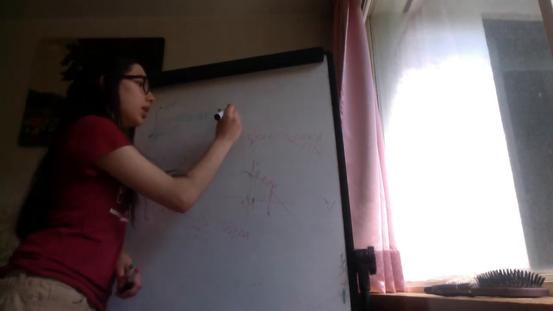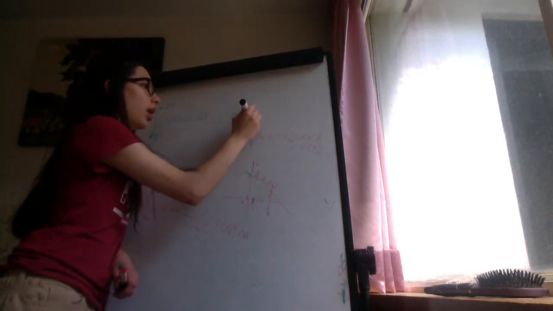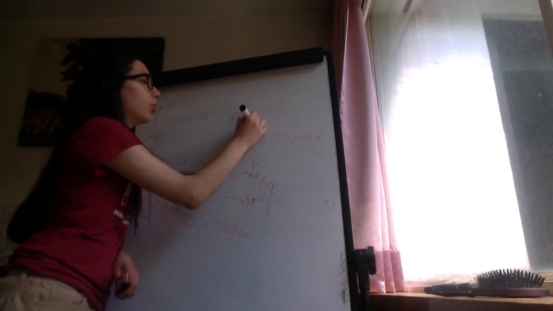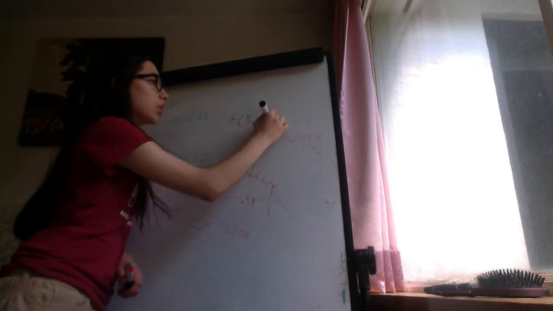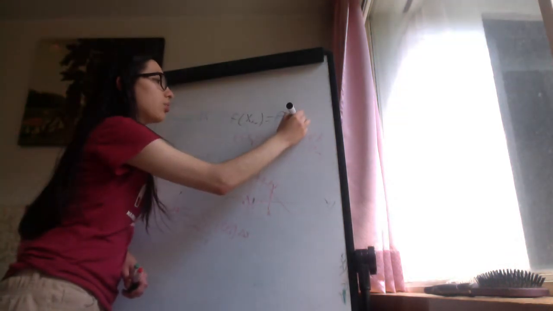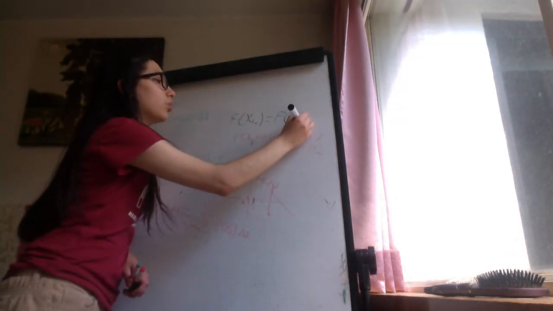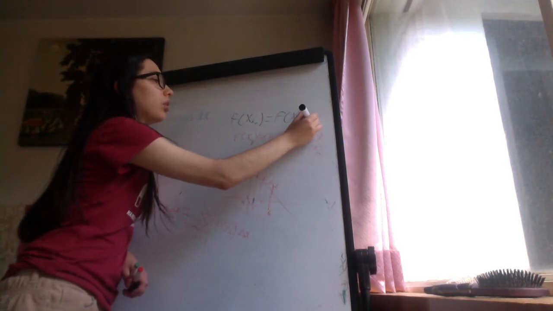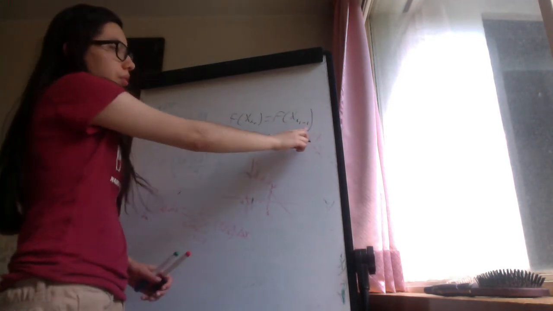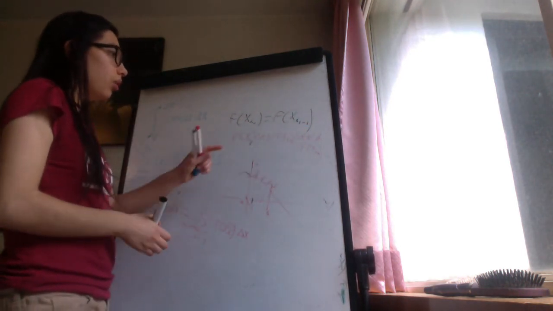So we would say f of x sub I sub 0, or you could say that is f of x sub I minus 1, and so you will have I sub 0.